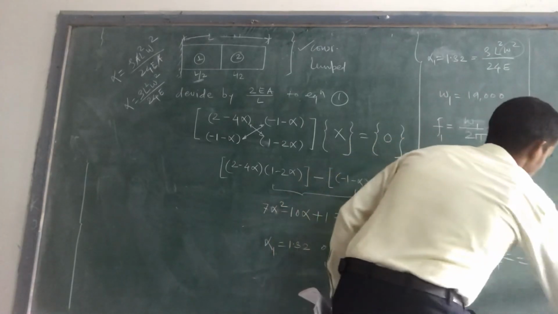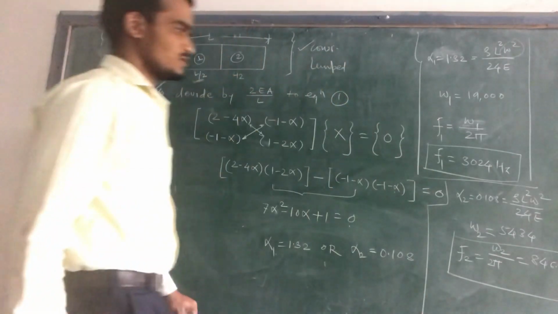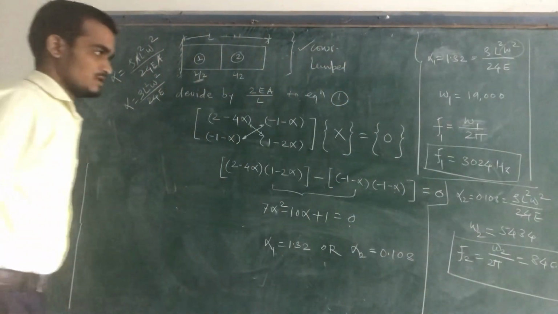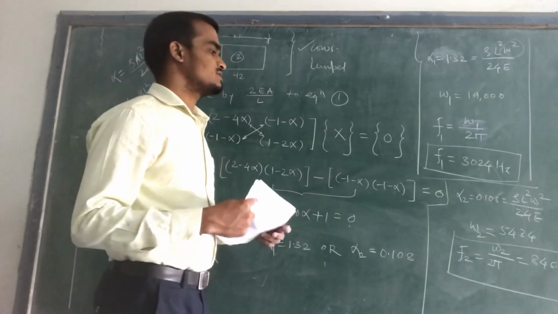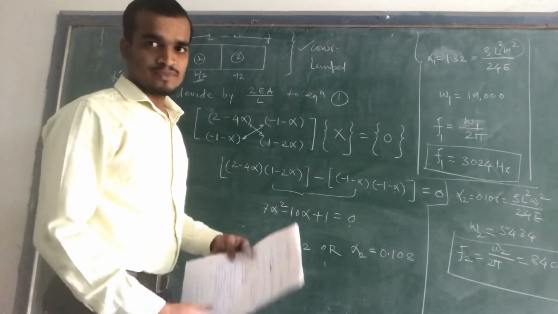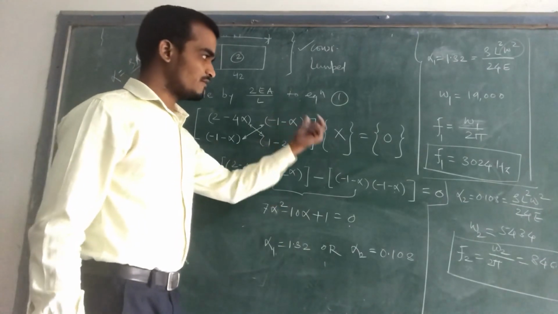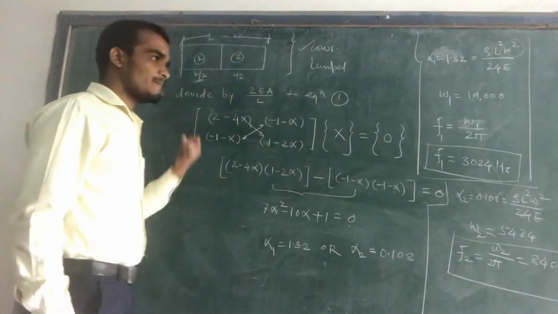This is your second value and this is your first. So in this way you will get both values, F1 and F2. The first one is 3024 Hz and the second one is 846.99 Hz. In this way you will get the frequency values by using the consistent mass matrix system.